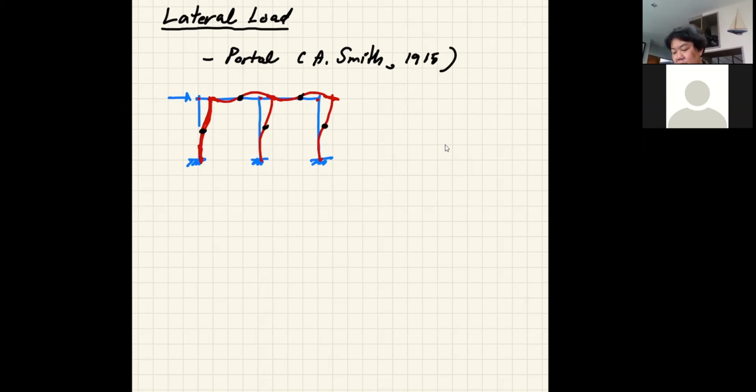Okay, so when we go back to look at the typical frame, that means I can start the approximation by simply adding the internal hinges to these locations.